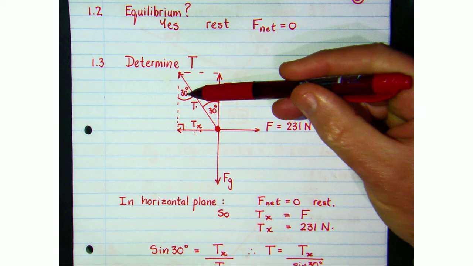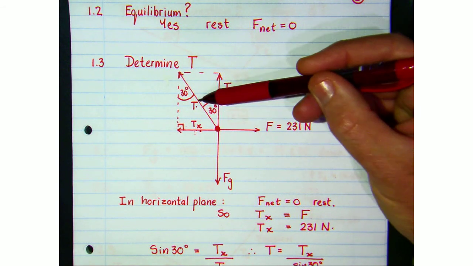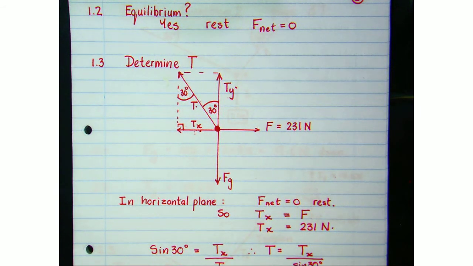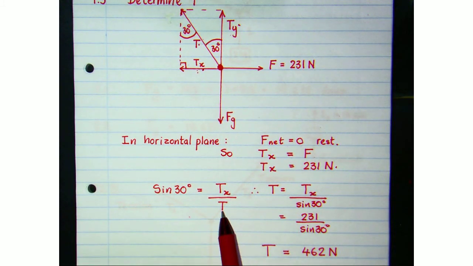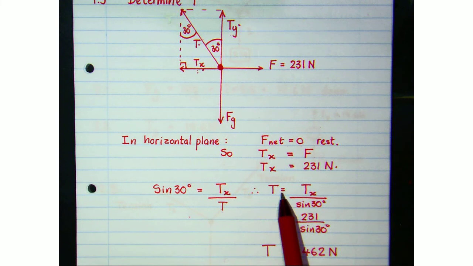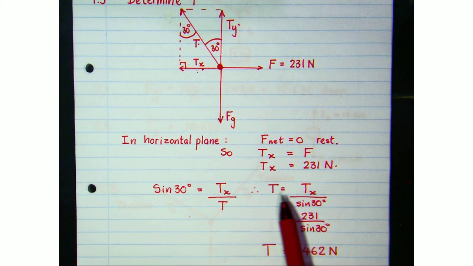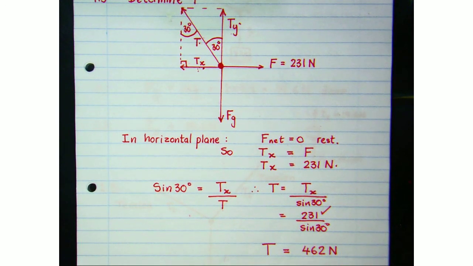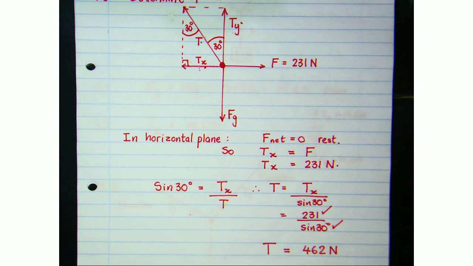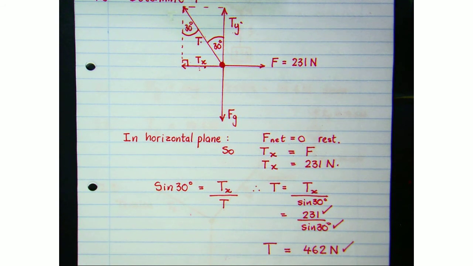So sine of 30 would be Tx divided by T. Sine of 30 is Tx divided by T. And if we rearrange that, we get T equal to Tx over sine 30. But we already know Tx, and we can calculate sine 30. So if we plug that into our calculator, we find that tension force, 462 newtons.